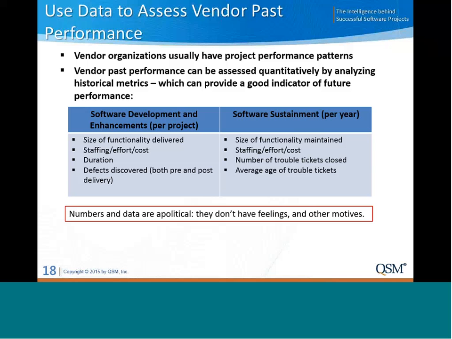And what was the average age of trouble tickets by priority and severity? And it certainly also is valuable in this case for vendors to comment on maybe how difficult the portfolio was that they inherited maybe from another vendor, because that certainly factors in. The important thing is that numbers and data are apolitical. They don't have feelings or other motives. It's objective data that can be very helpful.